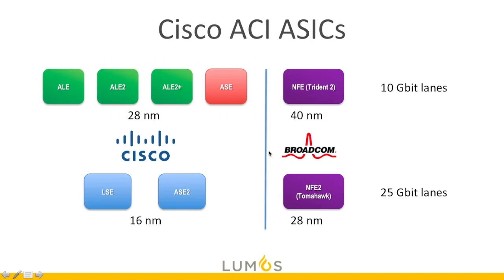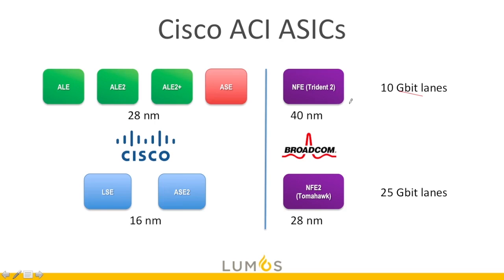So, Cisco ACI ASICs. On the left here we have the ASICs that are provided by Cisco, and on the right we have the two Broadcom chips. For the first generation, on the top we have the 10 gigabit lanes. These switch-on chips are basically comprised of what's called SerDes, serializer deserializer interfaces.